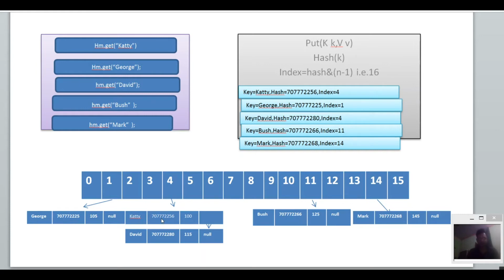The next thing, the key will be matched by the equals method. Here we can see the keys are the same; it is returning true by the equals method. So finally value 100 will be returned to the caller.